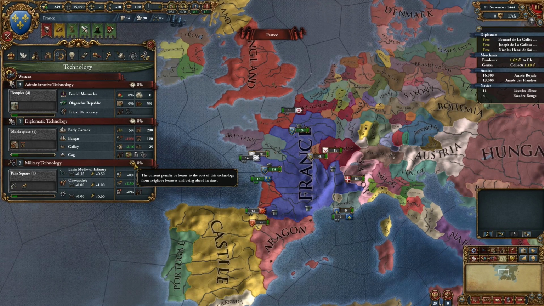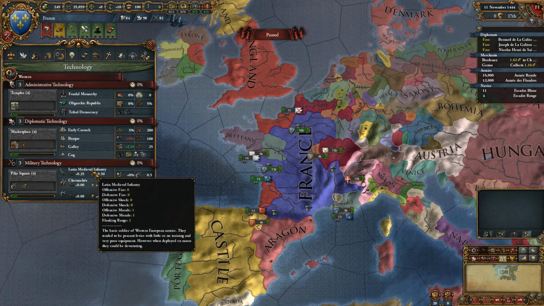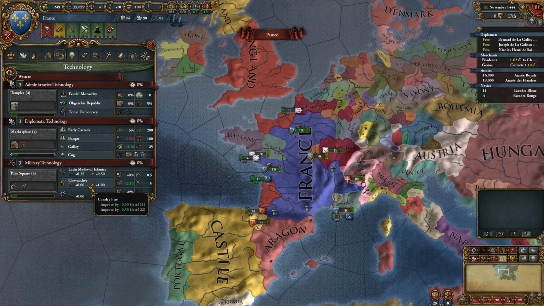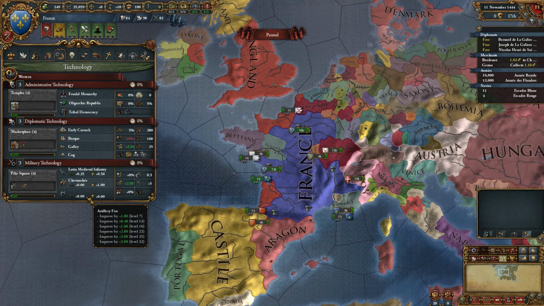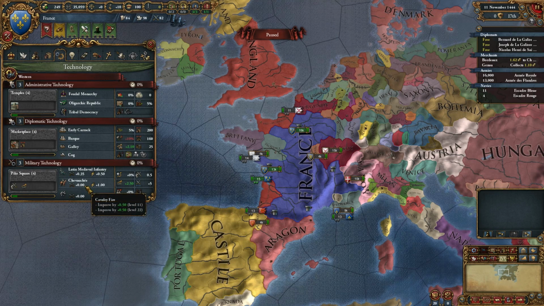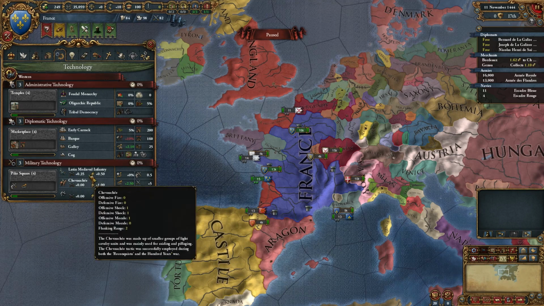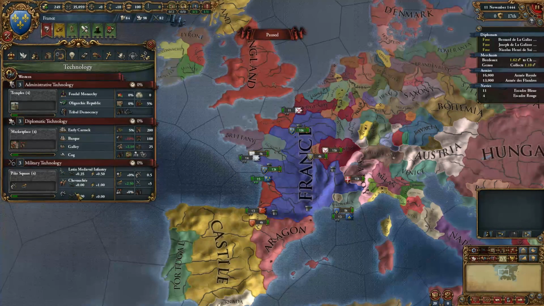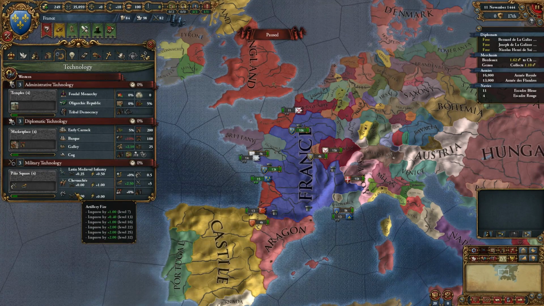However, that being said, it's still worthwhile being ahead in the times, because that means you're going to be ahead of your neighbors. So you get to unlock new infantry as the game progresses. And you unlock new cavalry, and you unlock artillery at level 7.